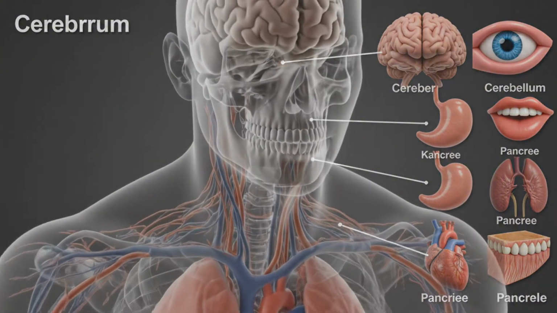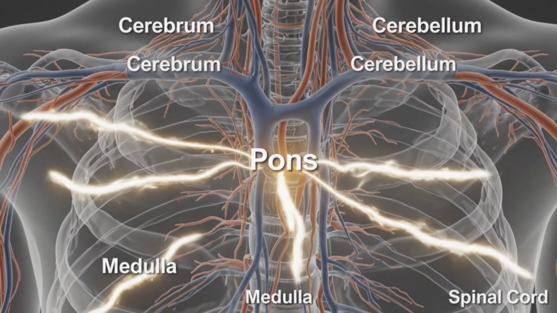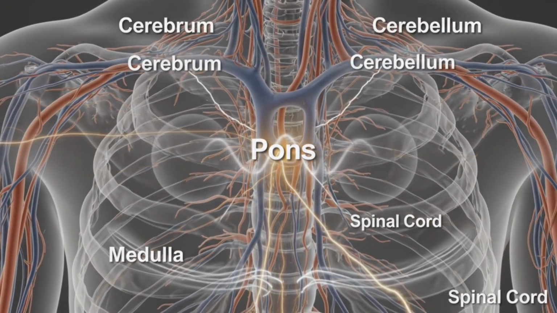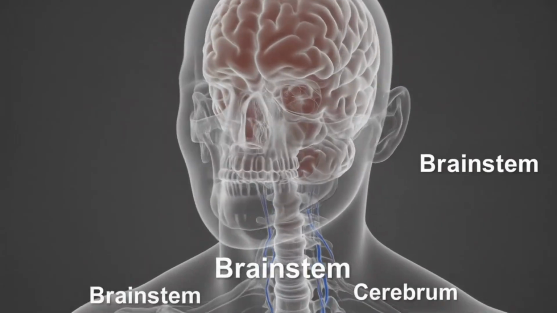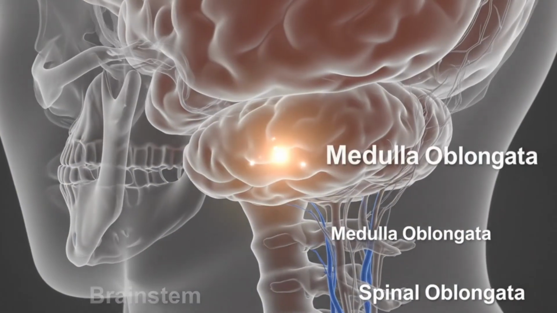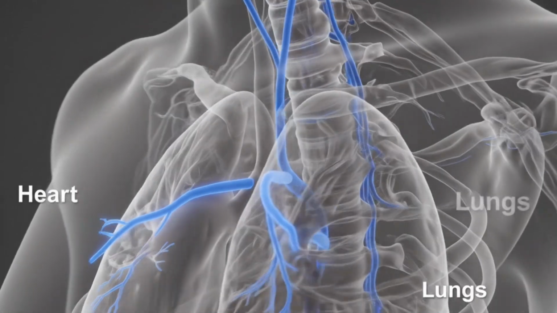The pons is the central relay point and regulator of vital functions between brain and body. The medulla oblongata, located in the lower brainstem, controls essential automatic functions.